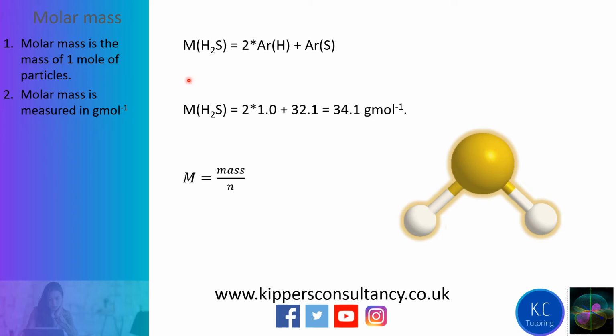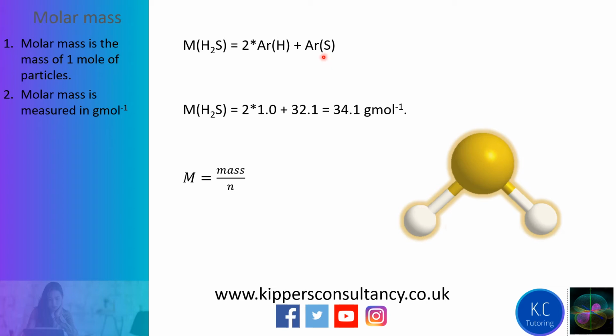Let's now take a look at the molecule hydrogen sulfide, which has the chemical formula H2S. If we were to work out the molecular mass of hydrogen sulfide, we would do this by taking twice the atomic mass of hydrogen plus the atomic mass of sulfur.